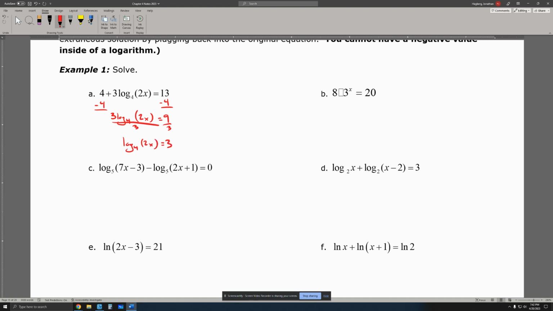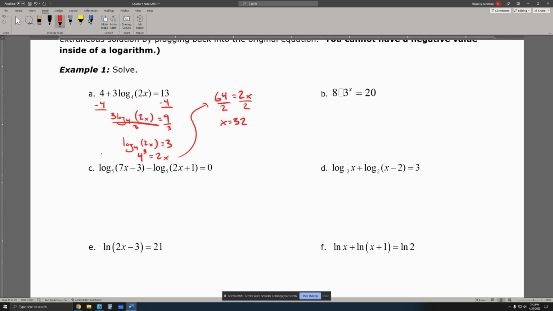And now we've got the log isolated. So now we can rewrite this in exponential form. 4 to the third power is equal to 2x. I know that 4 to the third power is 64, which is equal to 2x. And finally, dividing both sides by 2, we get x is equal to 32.